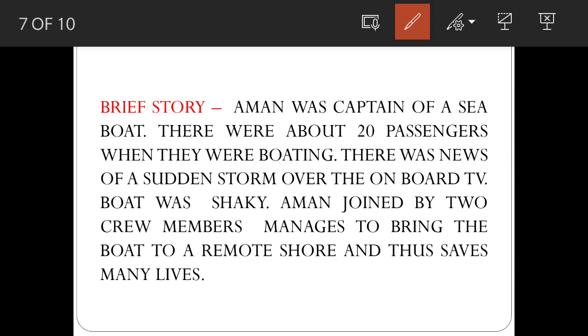Now the story in brief is shown. Aman is my hero, captain of a seaboat, and there were about 20 passengers, and they were boating. Suddenly there was a news broadcast that there is going to be a storm, and in a very short while the storm came and the boat started shaking.